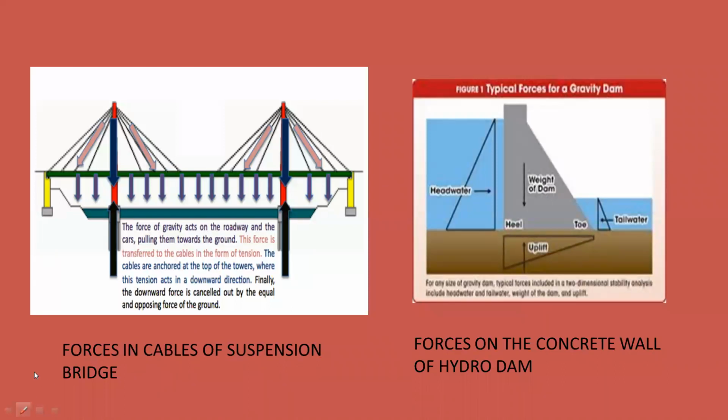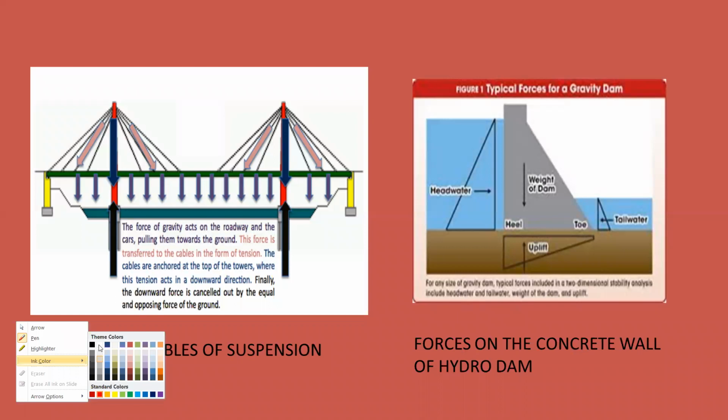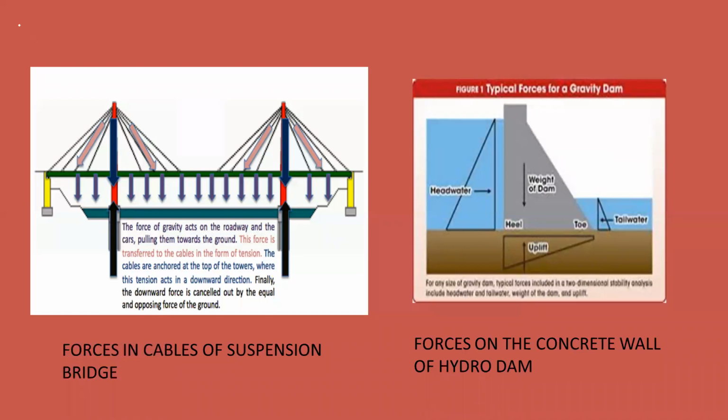So here you can see the examples for the static calculation. So the first example here is the suspension bridge. So you must have seen such type of suspension bridge.